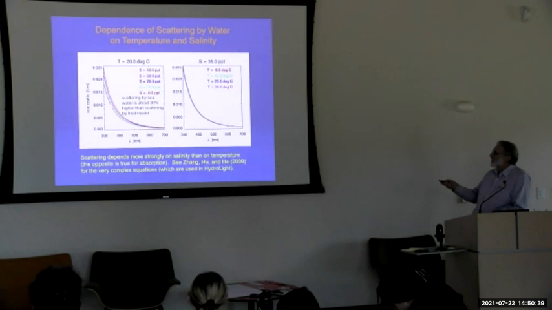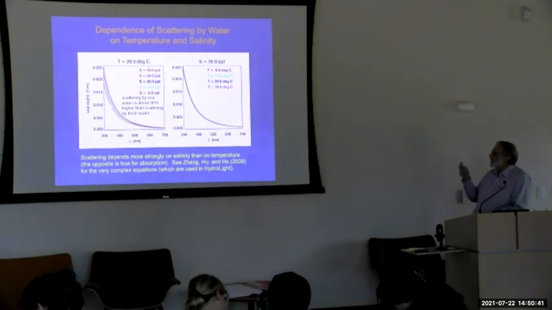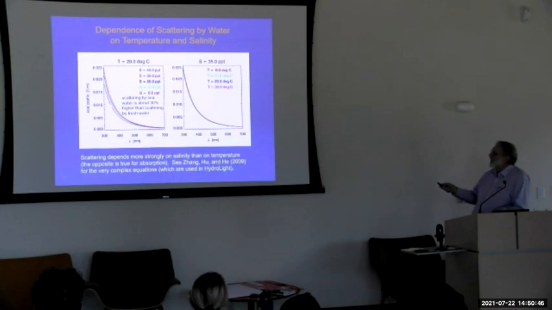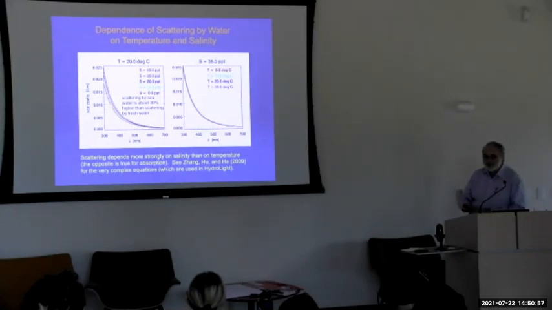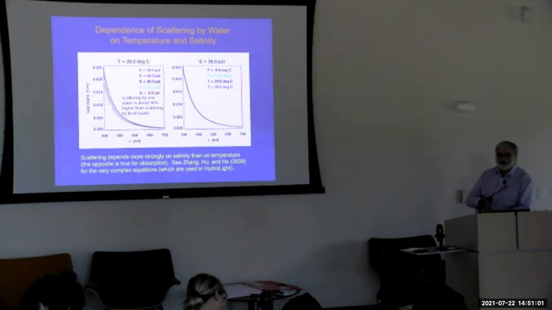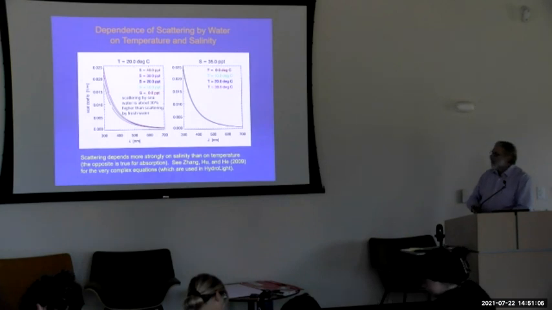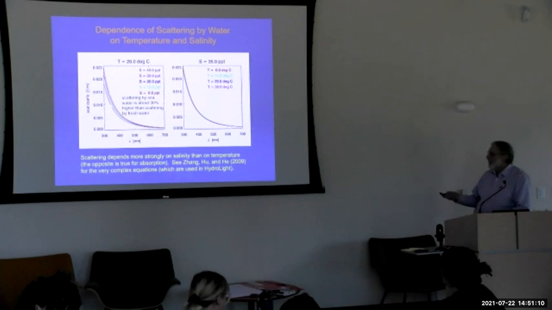Or if we hold the salinity constant at 35 PSU, or parts per thousand, that's basically typical open ocean water, and vary the temperature from freezing up to very warm water, there's not much effect on the scattering coefficient. So you learn that absorption can be very strongly dependent on temperature at some wavelengths, but not on salinity. Scattering is moderately dependent on salinity, but not on temperature.